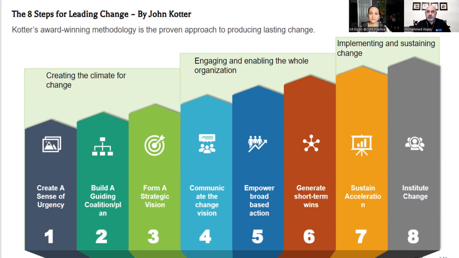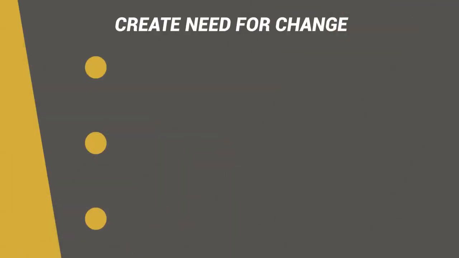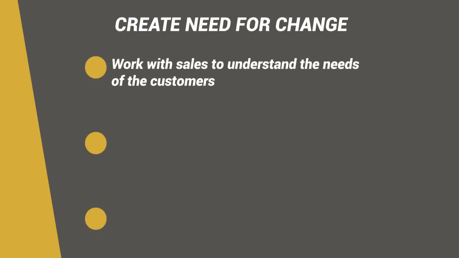Okay, so sometimes if there's a new customer, you start from the sales cycle. You start to work with sales to understand from the sales engagement what they are looking for, what their challenges are, what they want to do, how they are doing their business today, and what change they are looking for.